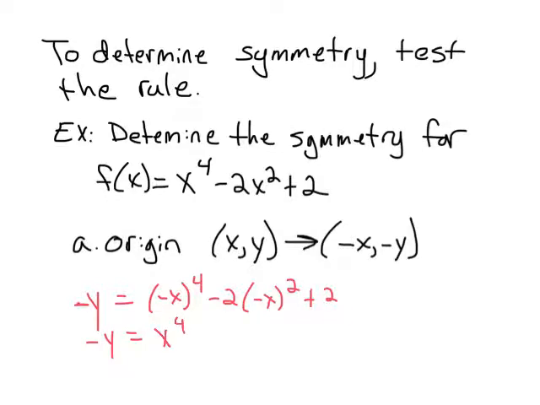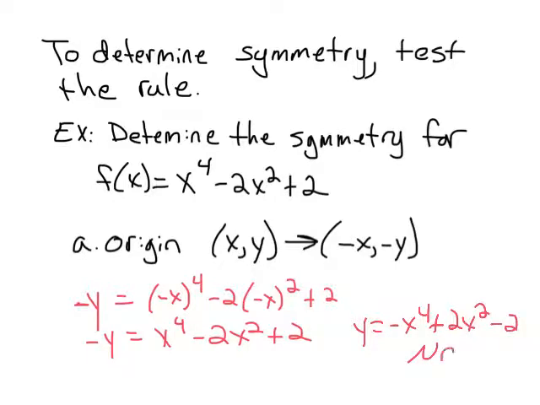The same thing here: I'm squaring the negative x, which yields a positive, so minus 2x squared plus 2. If I then divide through by the negative, I don't end up with the same thing. I end up with the opposite: y equals negative x to the fourth plus 2x squared minus 2. So this is not symmetric about the origin. The rule does not work.